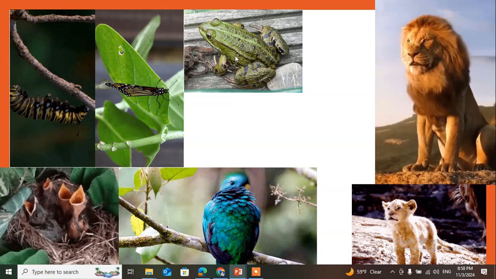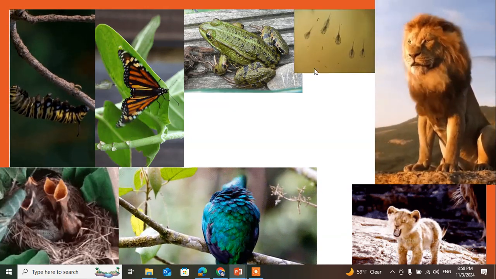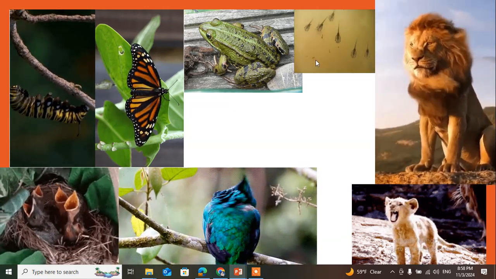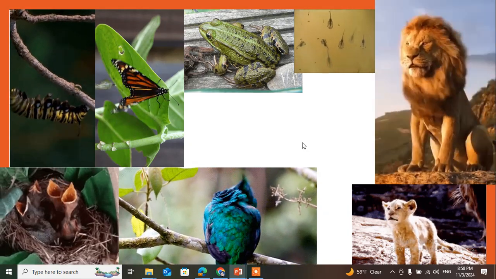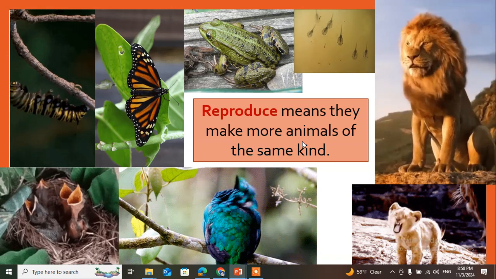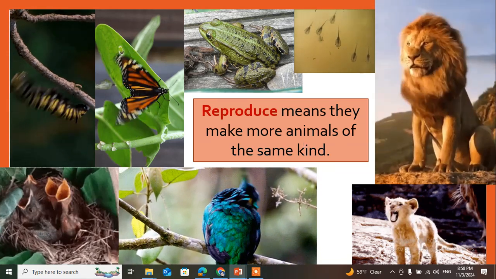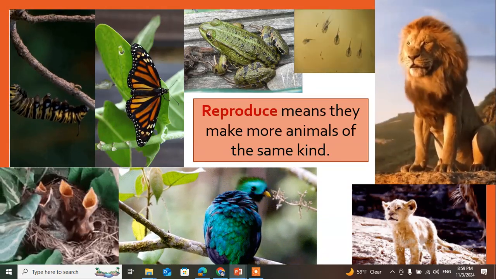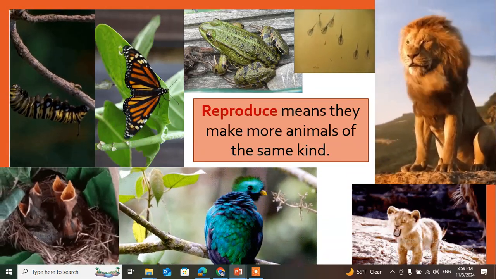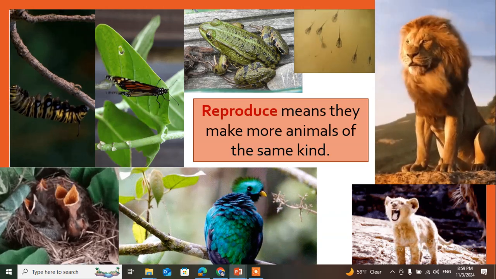This is an adult frog. And these are its babies. See? So reproduce means they make more animals of the same kind.